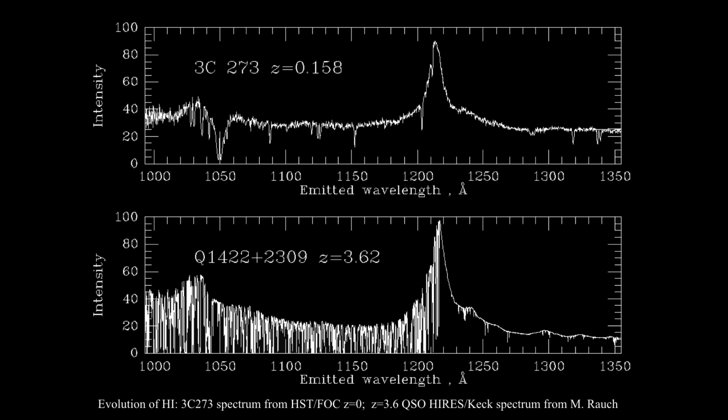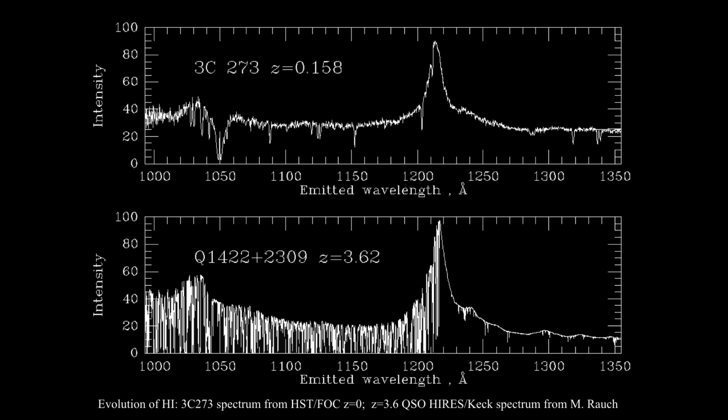However, if we look at a much higher redshift object, something at a redshift of 3.62, this quasar 1422+2309, which is designated by its location in the sky, we see roughly the same shape to the spectrum, except it's got all these absorption lines at specific wavelengths. And so we call this the Lyman-alpha absorption line forest, or the Lyman-alpha forest.